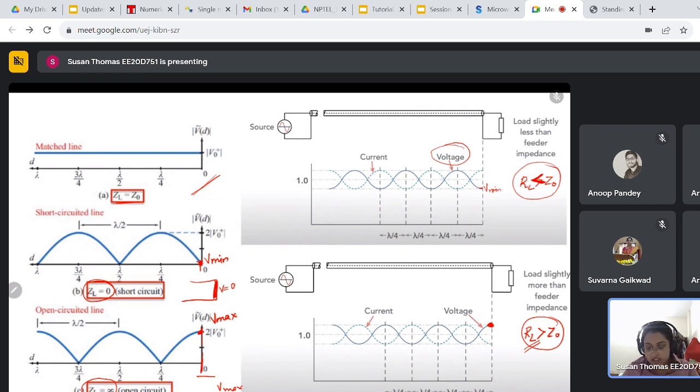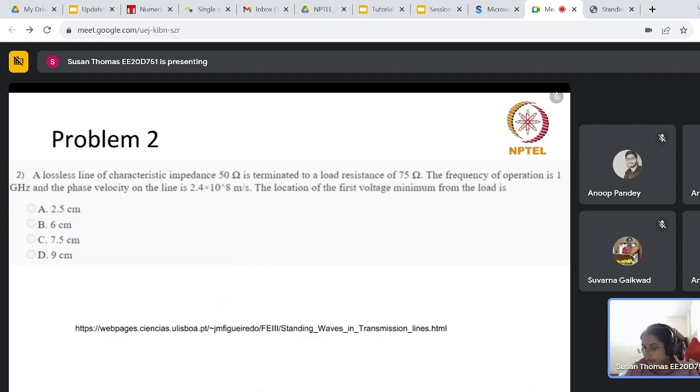So this is a clue you have to keep in mind so that you can solve the next numerical which I wanted to solve. Look at this question. A lossless line of characteristic impedance 50 ohm, that is Z0 equal to 50, is terminated in a load resistance of 75 ohm.